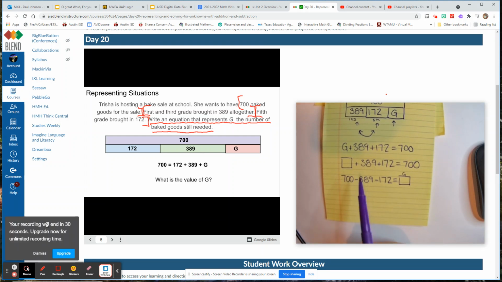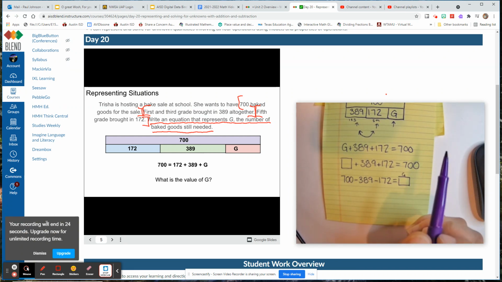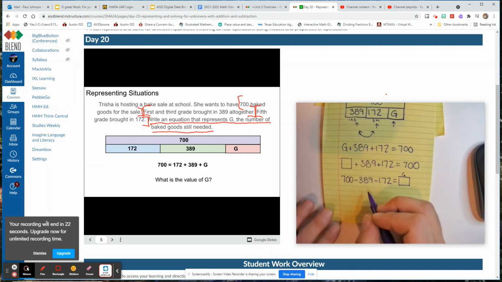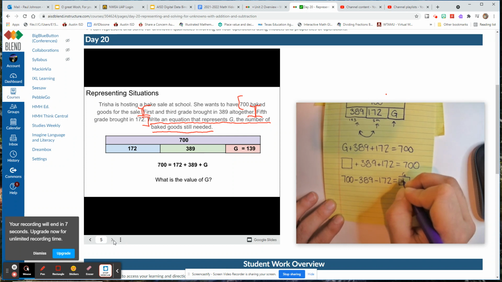Because basically what we're doing is saying our whole minus one piece minus the other piece will give us this answer. So I want you to try this on your own. Remember, just go ahead and solve it using the order of operations. 700 minus 389. Take the answer to that, take away 172, and you should get 139 as your value for G.